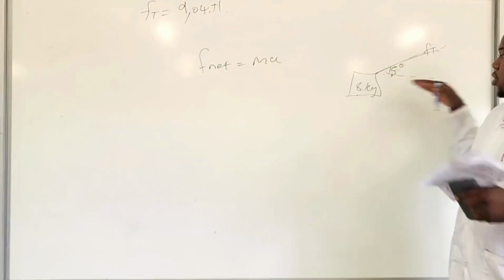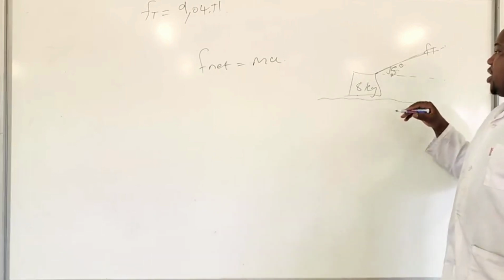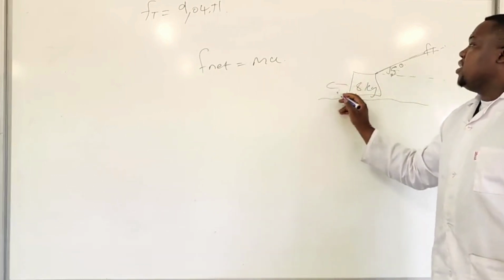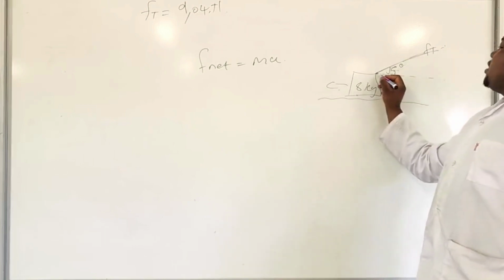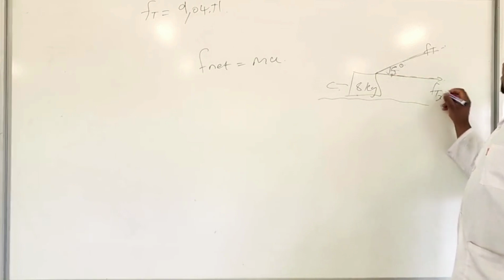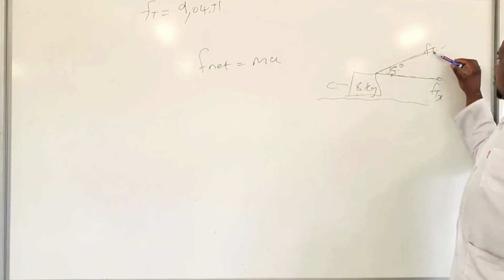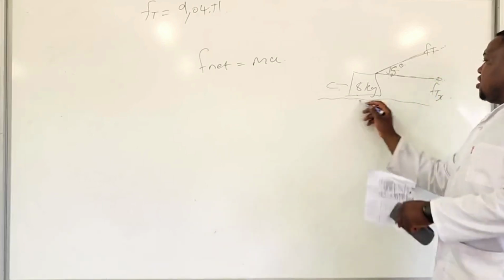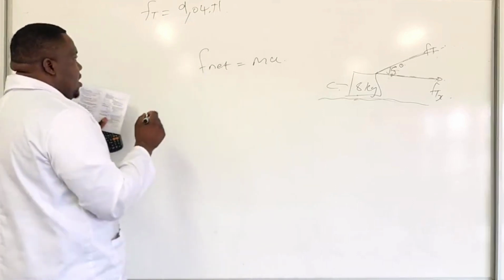So it does not act horizontal since the object is moving horizontal here. So what will we do? The frictional force is the horizontal force. Ftx is the horizontal component of this tension force. It is the one which is acting horizontal. Understand? Okay, so let us write this one.